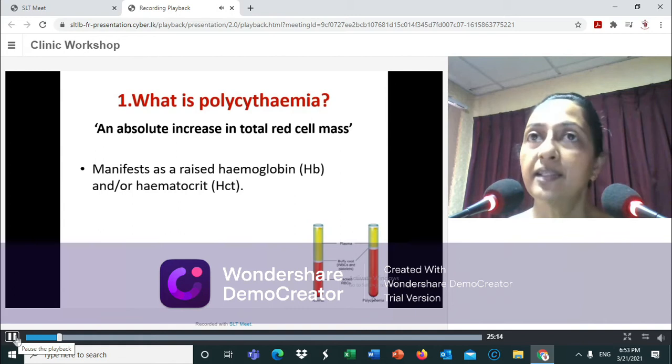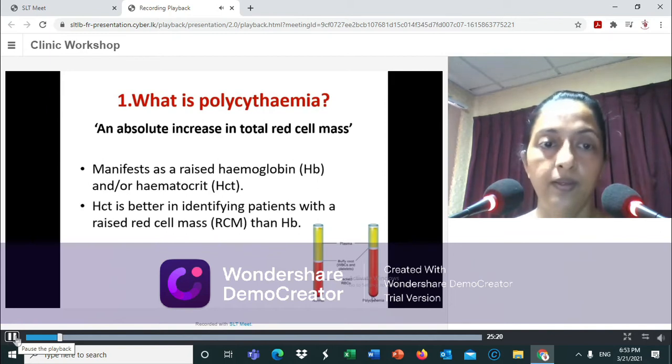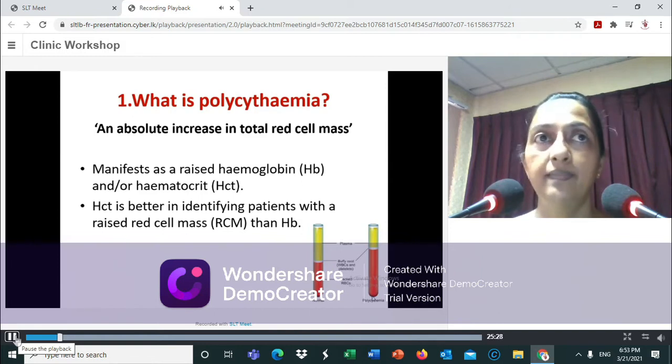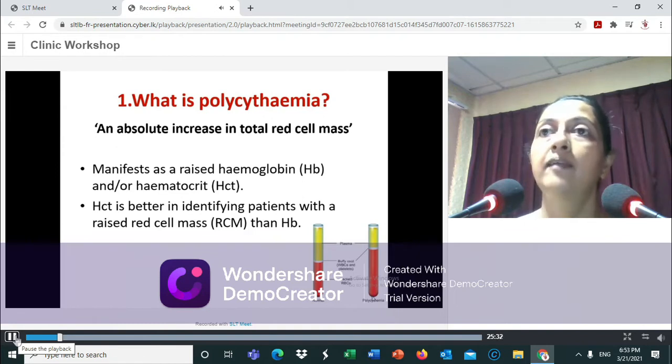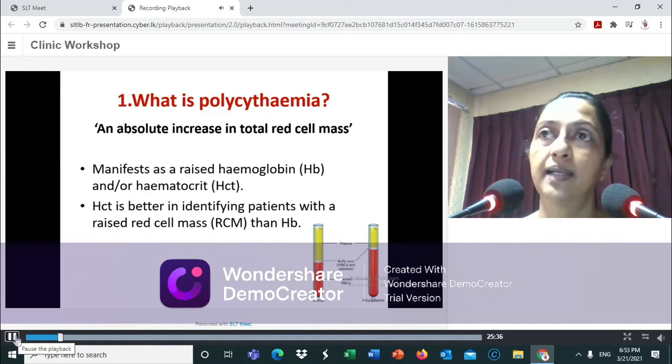So this manifests as a raised hemoglobin and/or hematocrit. Hematocrit is better in identifying patients with raised red cell mass than hemoglobin. Remember that when we are dealing with patients with polycythemia, we take decisions mainly based on the hematocrit rather than on the hemoglobin.